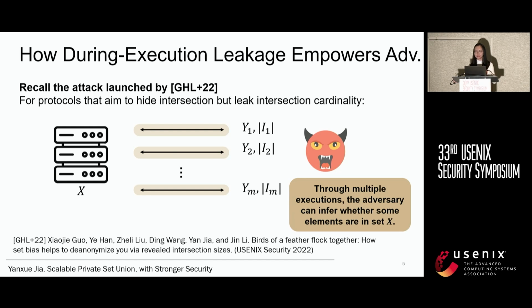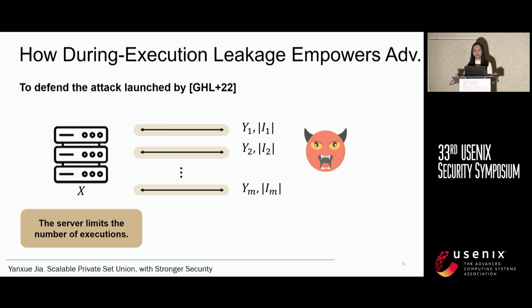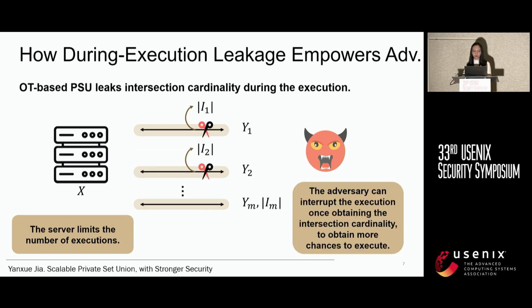After obtaining these different outputs, the adversary can infer whether some elements are in set X. Their work also proposed that the server can limit the number of executions. However, if the targeted protocol can leak information during the execution, the adversary can leverage it.